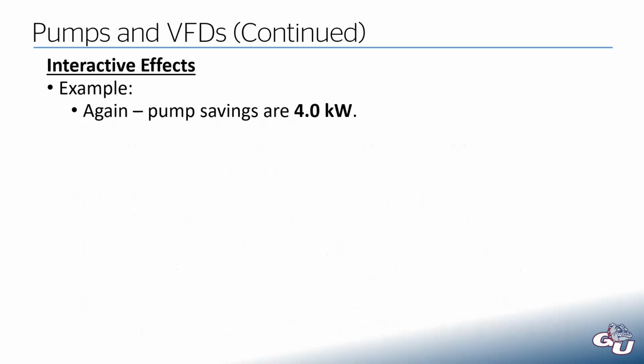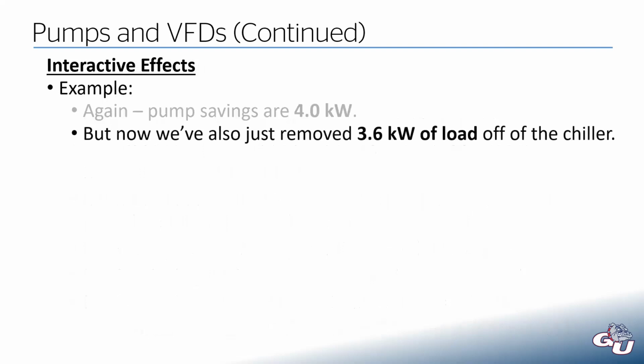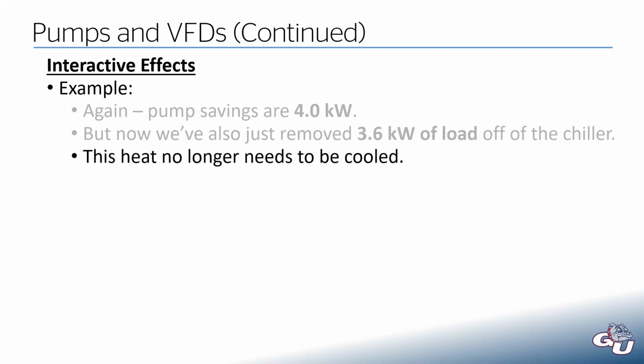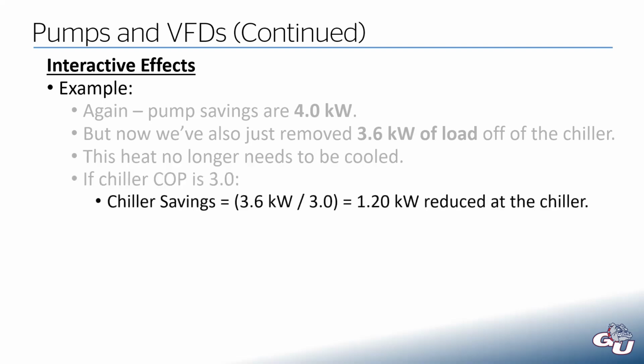Again, the raw pump savings, 4 kW, but now we've taken off 3.6 kW of load off of the chiller, and that is heat that no longer needs to be cooled. If our chiller COP at this moment in time happens to be 3.0, you take that load, divide by 3.0, and we can say that we've reduced the power consumption of the chiller by 1.2 kW.